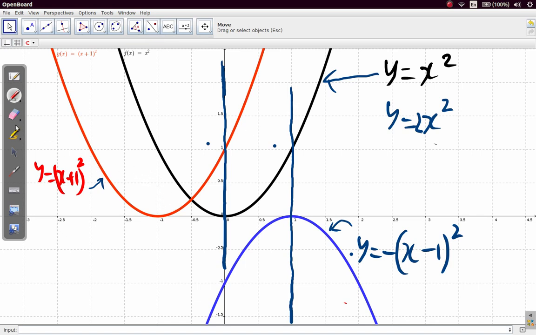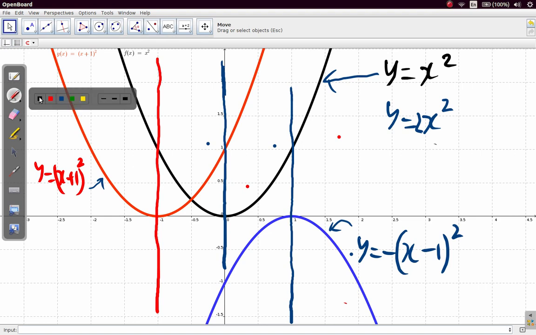In this case, for the y equals x plus 1 squared, we can draw this line so it cuts the y equals x plus 1 squared into 2 halves, and we can fold the curve onto itself over this line. Now, each of these lines is called an axis of symmetry, right?